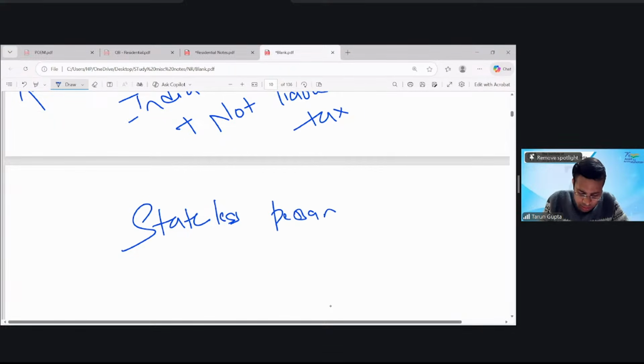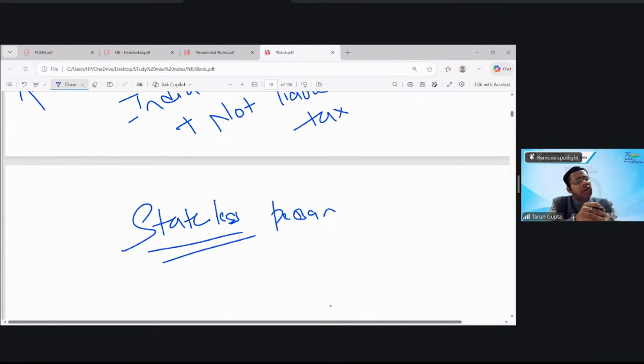Who are the stateless persons? A stateless person means a person who is not liable to tax in any country. See, what happened is that the income tax law is primarily the same globally. That's why Indian CAs are able to practice outside India as well. There are peculiar differences related to the nation, otherwise the broad setup of the law is the same.